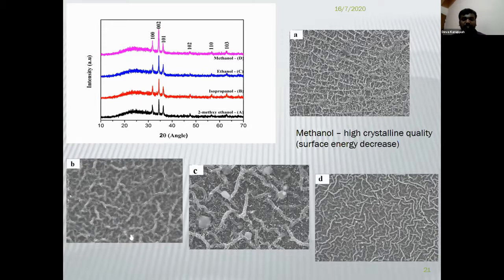Already I told you chemical methods can be used to prepare different nanostructures, like flower-like, nanorod-like, and nanosheet-like structures. Here also we are preparing different nanostructures. Here methanol gives the highest crystalline quality because it has the lowest surface energy.